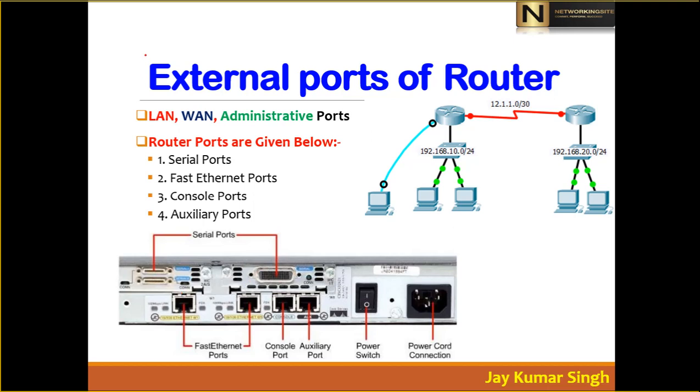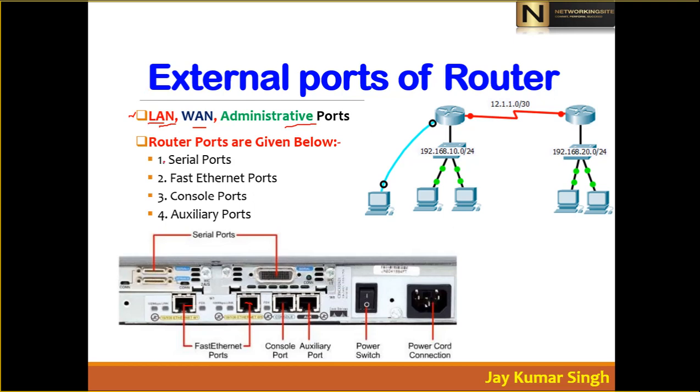You can see here that the router ports are divided into LAN port, WAN port, and administrative ports. Now LAN ports: fast Ethernet port, Ethernet port, gigabit Ethernet port, these are all mostly known as LAN ports.